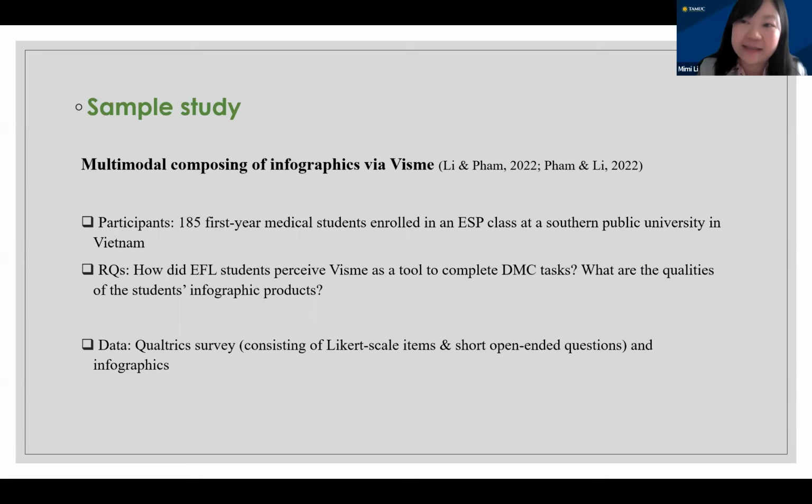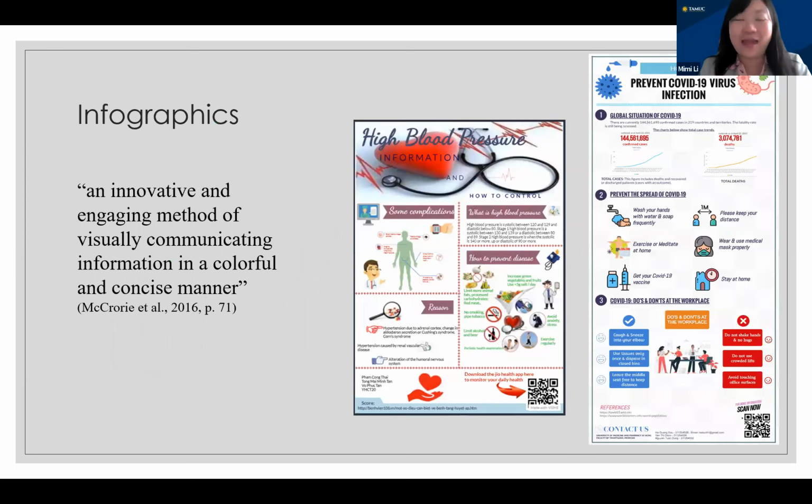So basically, we asked some questions, including how did EFL students perceive WithMe as a tool to complete DMC tasks, and what are the qualities of the students' infographic products? So we collected the data from Qualtrics survey, which consisted of Likert scale items and short open-ended questions, as well as their infographic posters. So here you can see what the infographic posters look like.